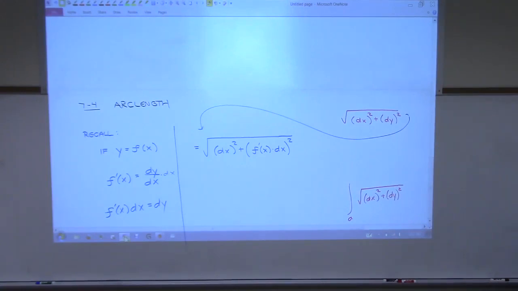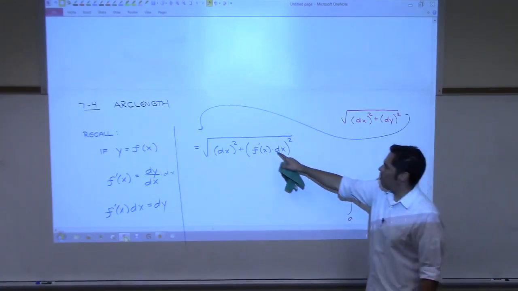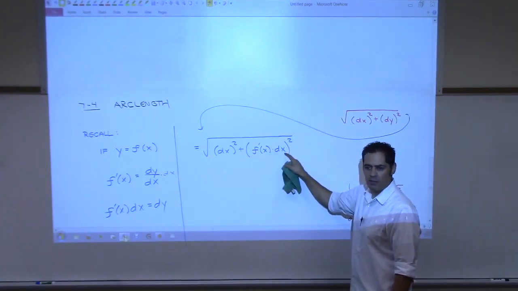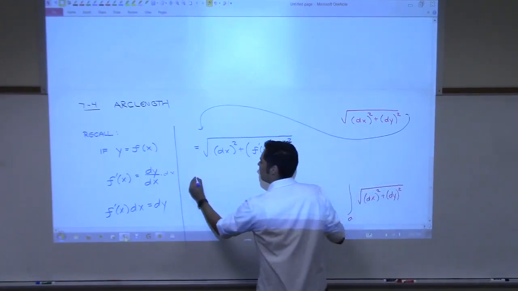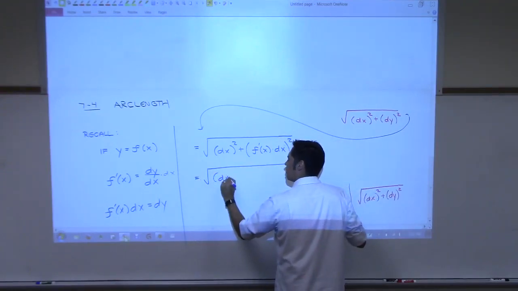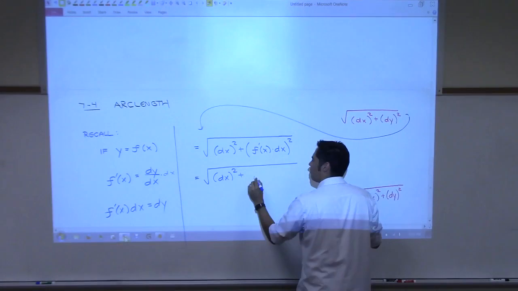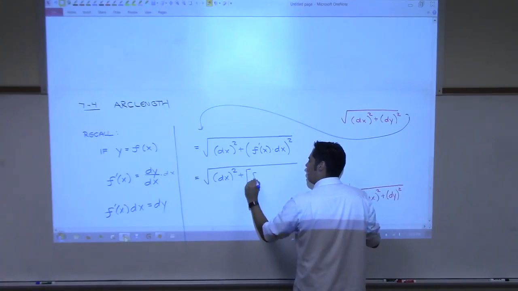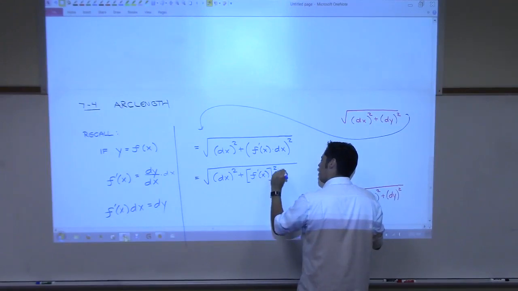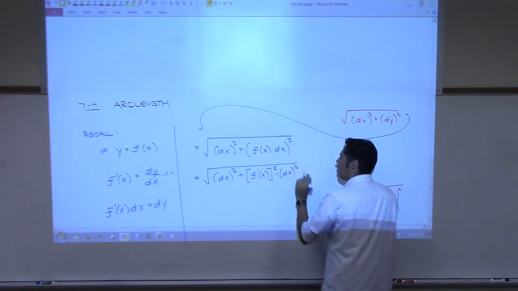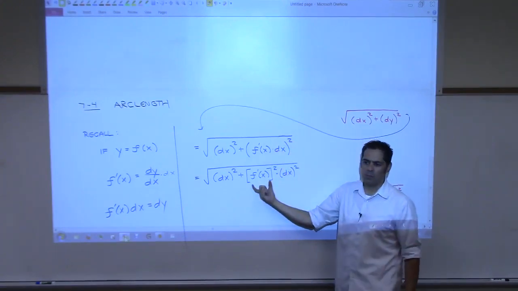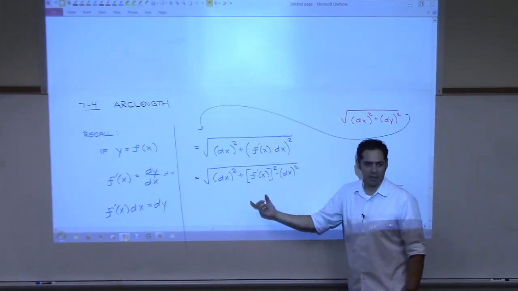Now if you have two things multiplying and then you're squaring them, you can square each one, can't you? So this is going to become the square root of dx squared plus, let me write it this way, [f prime of x] squared times dx squared. So I'm just squaring each of these factors. And I just chose to use brackets so that I wouldn't get parenthesis crazy here.